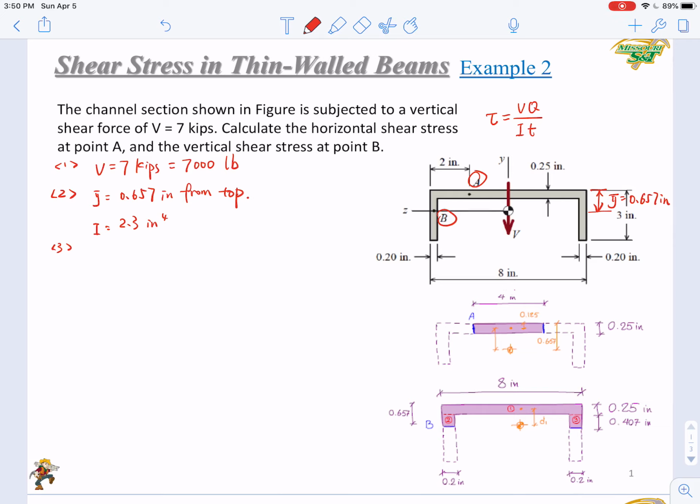So let's look at point A first. What is QA? To calculate the QA, we just need to know the area and the dA. But here, how can we cut the area?